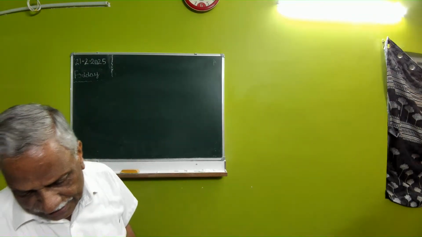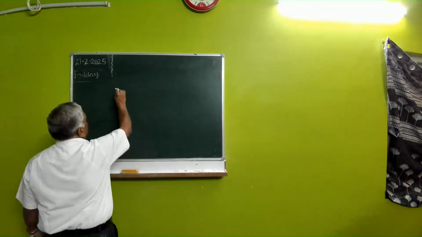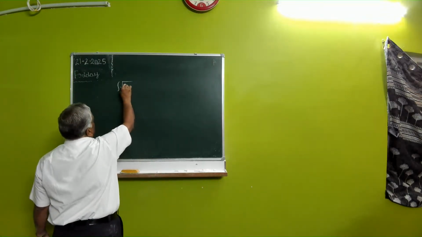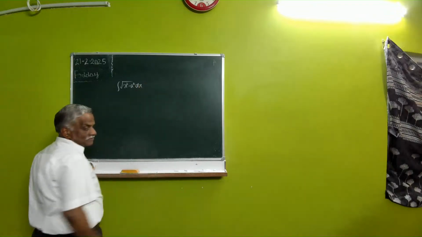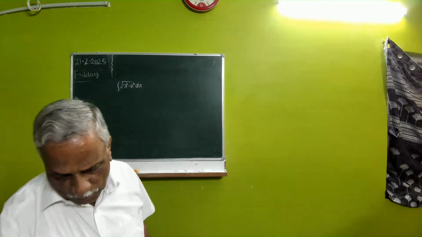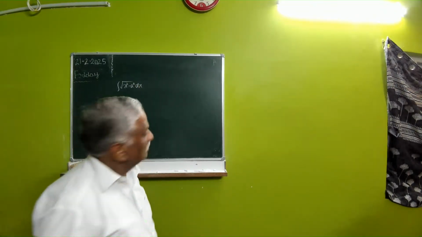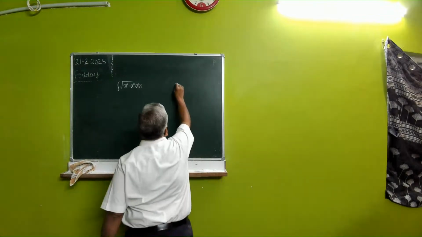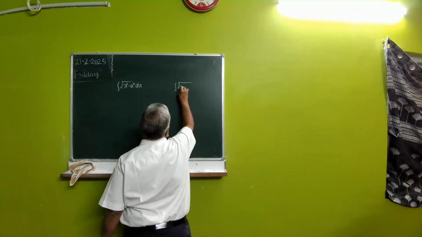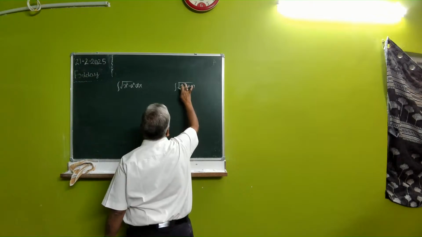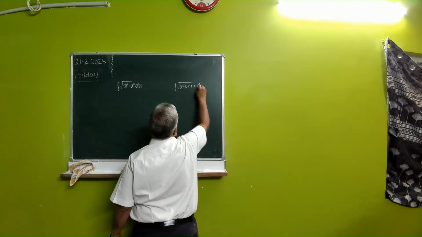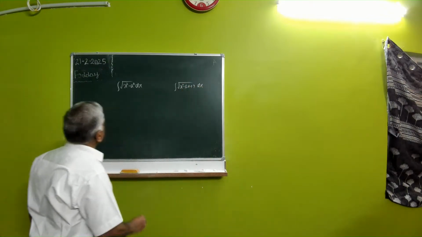So the problem is integrate root of x square minus a square dx. This problem is different. Completing square method is different. x square minus 8x plus 7.